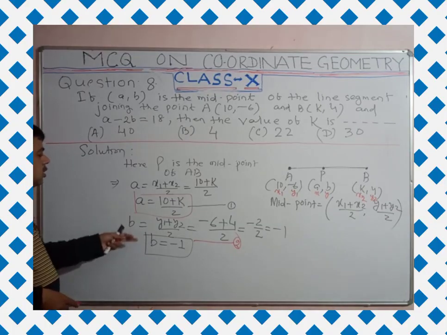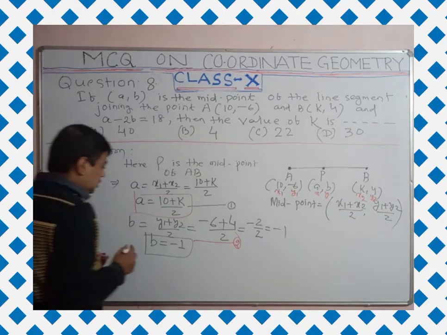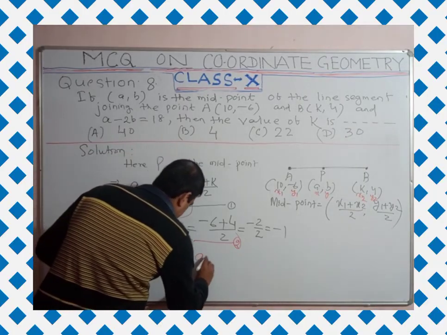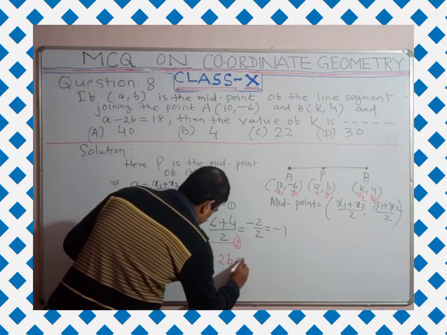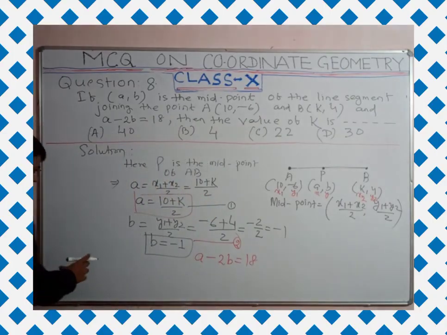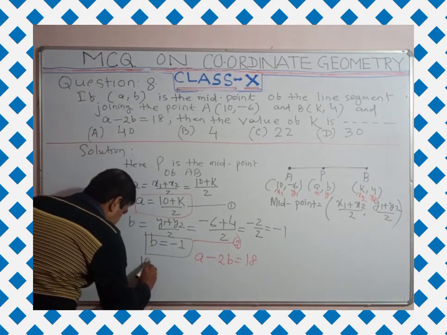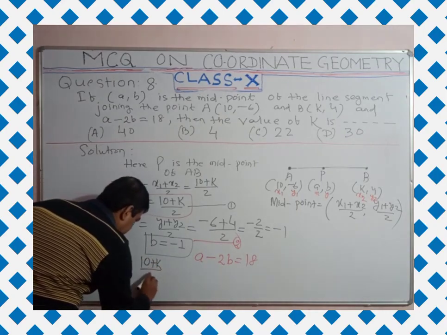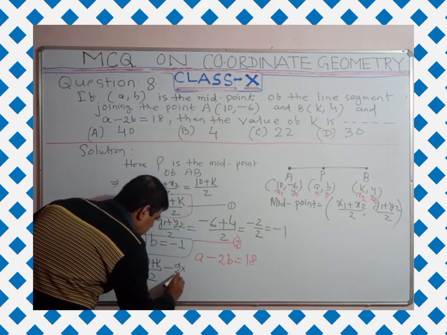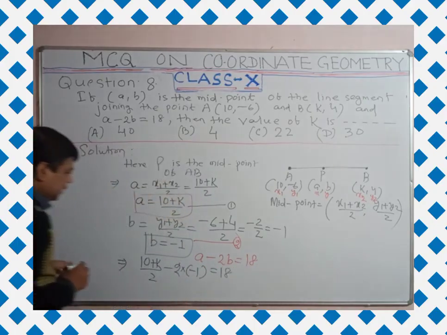Then you can use these values of a and b in the given condition. What is the given condition? The given condition is that a minus 2b is equal to 18. So in place of a, write 10 plus k upon 2, minus 2 into b, the value is minus 1, is equal to 18. Understand?